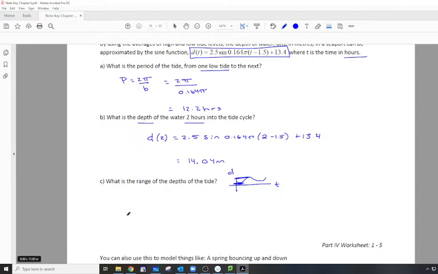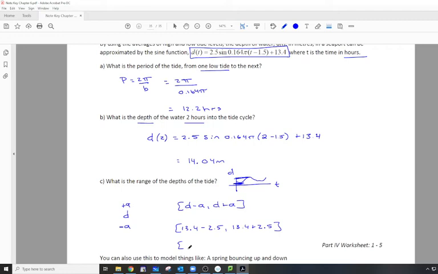Your range is always the center line plus the amplitude and minus the amplitude. So let's do that: d minus a all the way up to d plus a. My center line is 13.4 meters. That's ugly. 13.4 minus my amplitude of 2.5, all the way up to 13.4 plus 2.5.